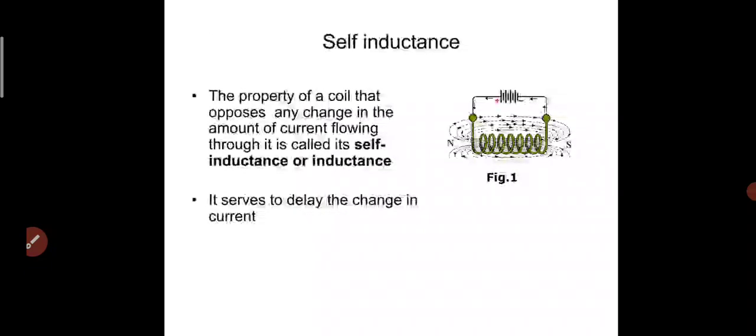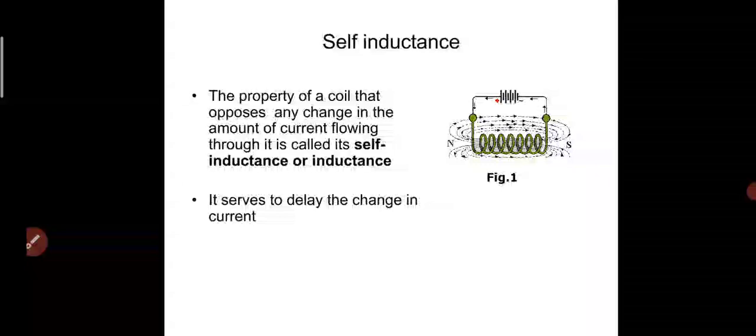See the diagram. When the current through the coil changes, the flux linked with it also changes. This change in flux induces an EMF in the coil.